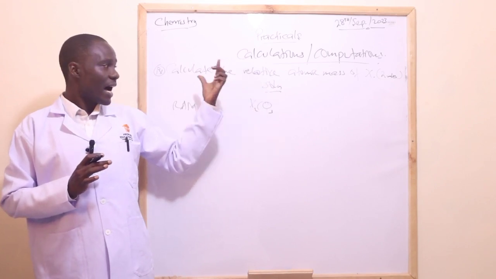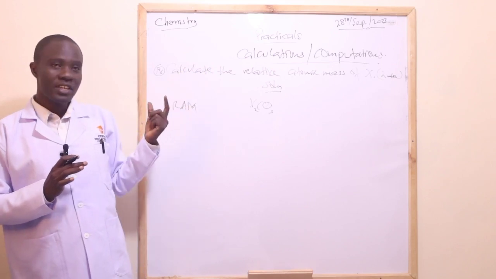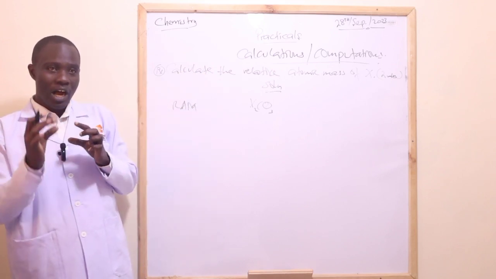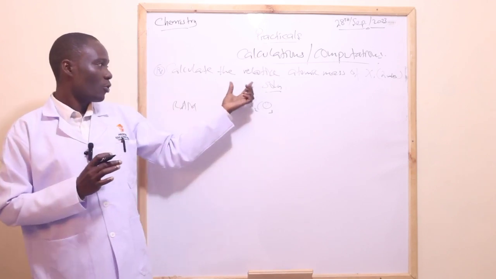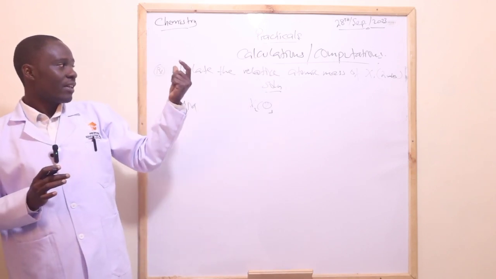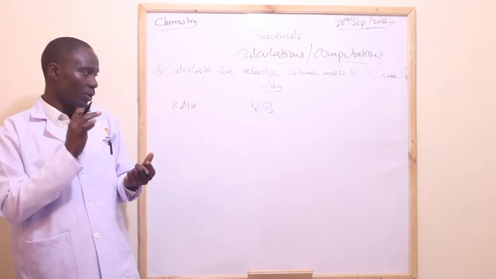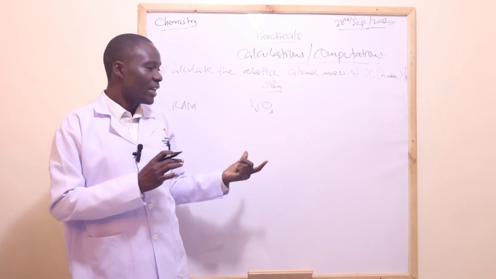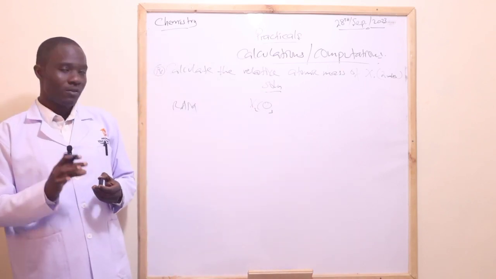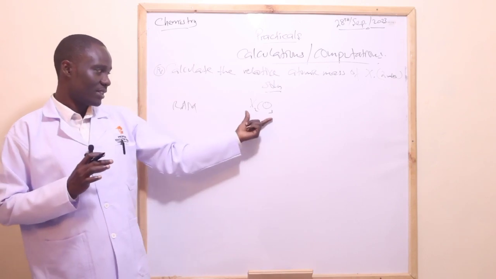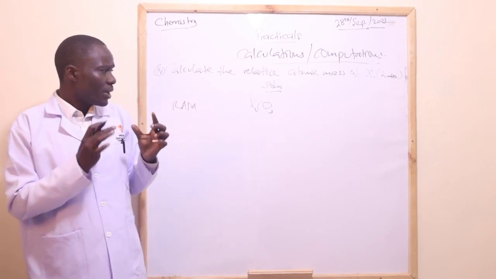So the RFM that we got in question 1-3 is what we will be using. Remember, the RFM, or the formula mass of X carbonate, which we got to be 141, is simply the sum of the relative atomic masses of the individual elements in this compound X carbonate. So how is it achieved?